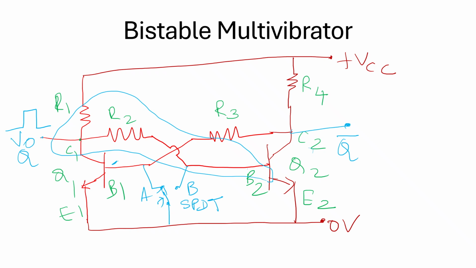If the switch is now removed from position A and closed at position B. Now Q2 will be turned on.